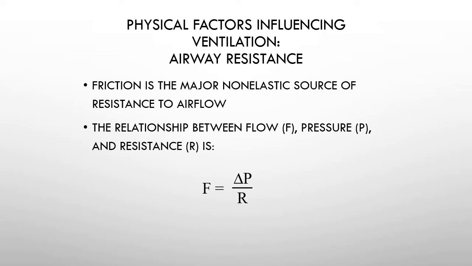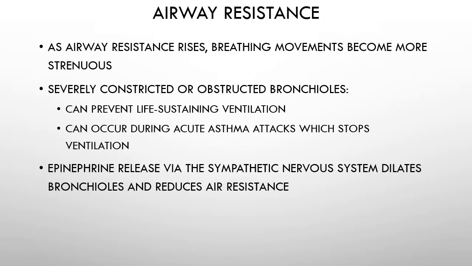So our airflow is equal to the change in pressure over the resistance that is there. So flow equals change in pressure over resistance. And so that change in pressure that we have, that's our difference between our atmospheric pressure.